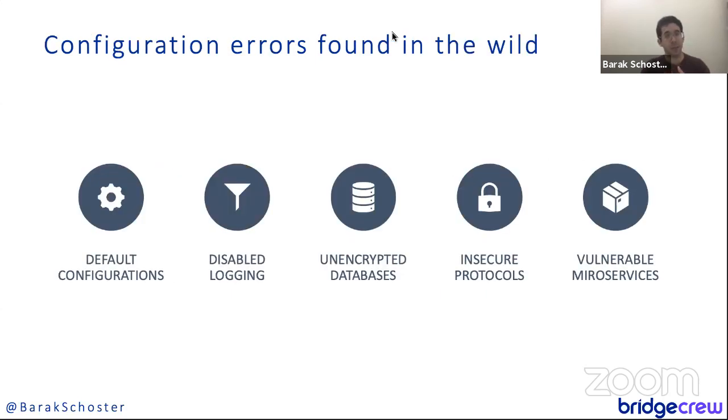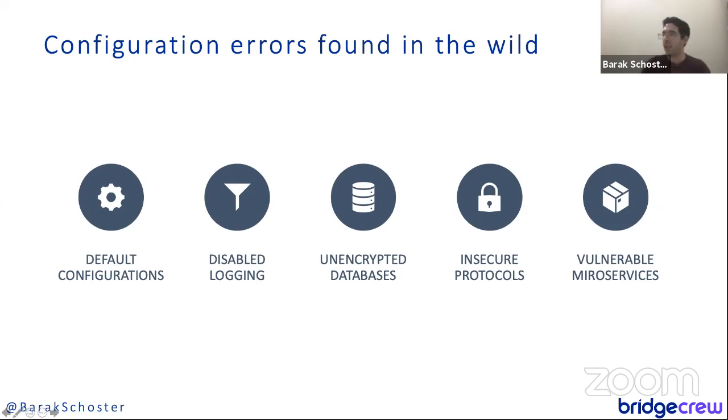So let's talk about the actual configuration errors we're seeing out in the wild. There is an awesome research by the Palo Alto Unit 42 guys. They took 200,000 different templates. Those can be Terraform templates, Kubernetes, CloudFormation templates.